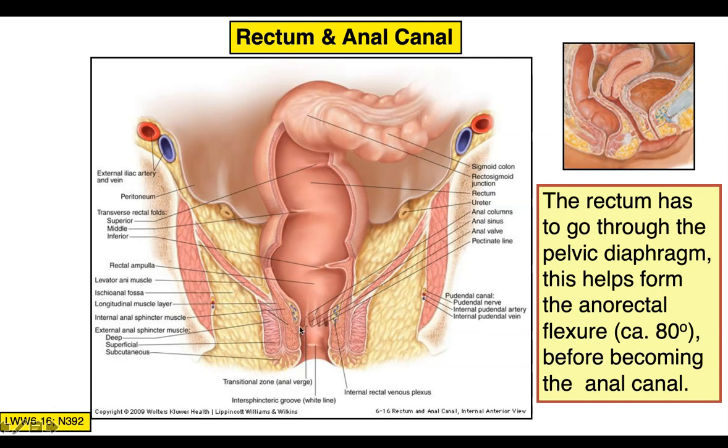And also the developmental origin is different above and below the pectinate line, and the epithelial lining is also different. Blood supply, nerve supply, everything is different above and below the pectinate line. So the pectinate line is an important junction within the anal canal.